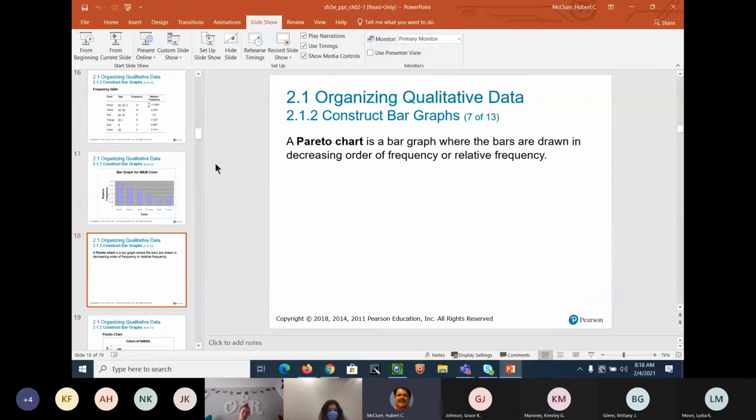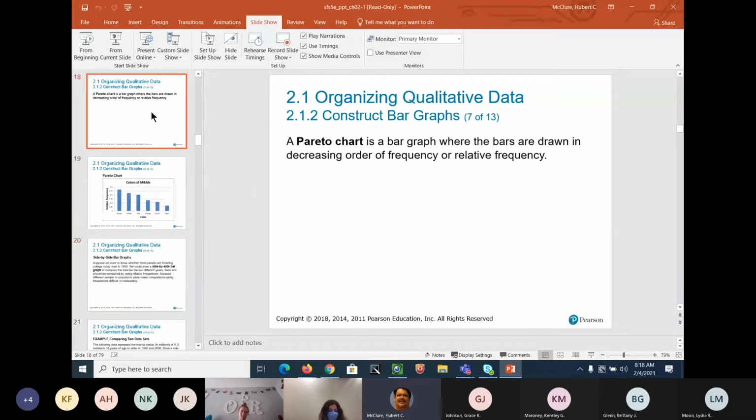All right, I want you to write down this definition for standardized testing. A Pareto chart is a chart based on descending order. It takes your data and puts it in descending order like that.